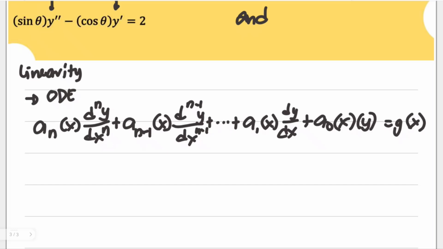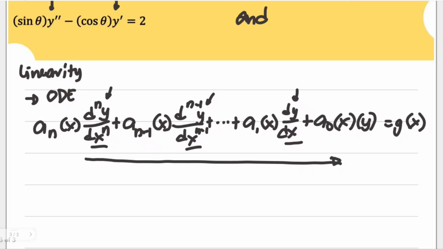What we can see here is that all of our independent variables are the same, and of course our dependent variables as well. If there are other parameters found there, that's simply a parameter which you could take as a constant, and the derivatives are in decreasing order, and none of the derivatives is raised to any exponent other than 1.